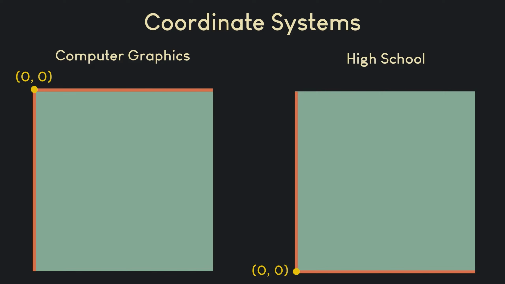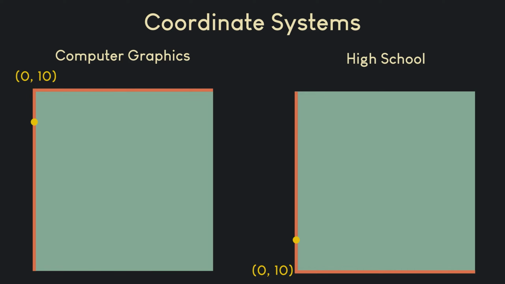In this system, the x-coordinate increases as we move to the right, and the y-coordinate increases as we move up. However, in the top left corner coordinate system used in computer graphics, the x-coordinate increases as we move to the right, and the y-coordinate increases as we move down.